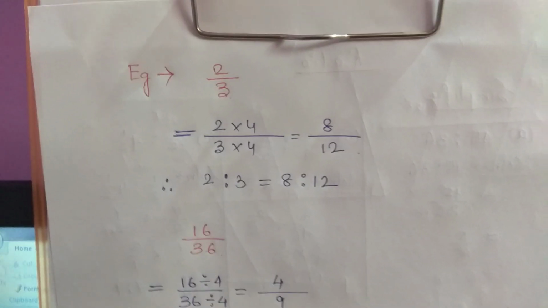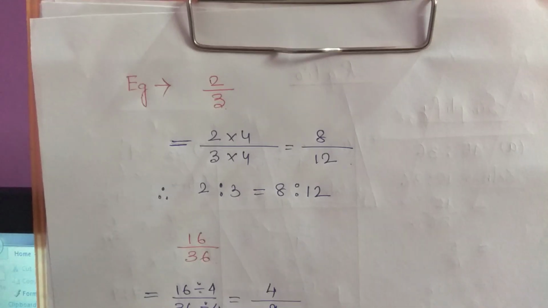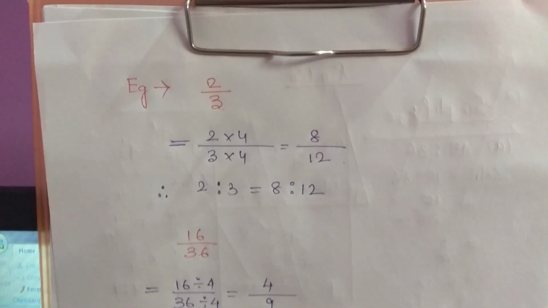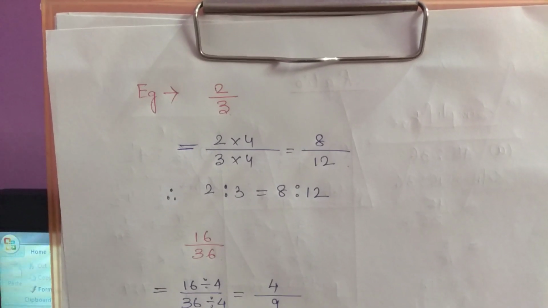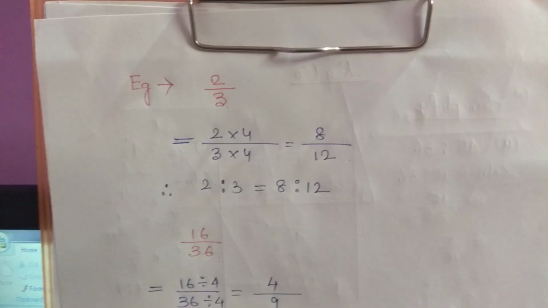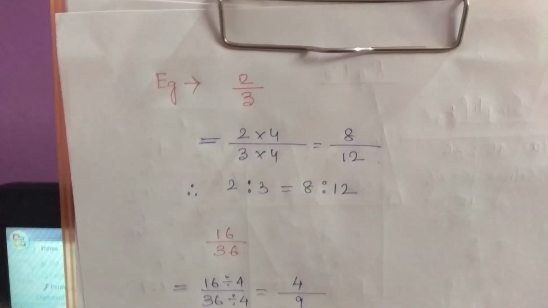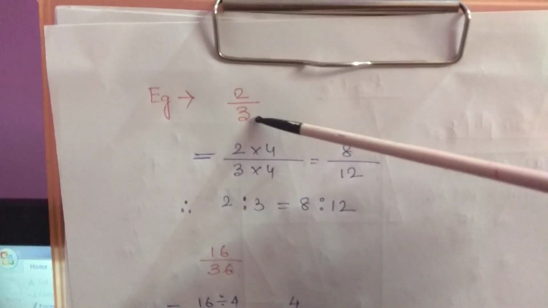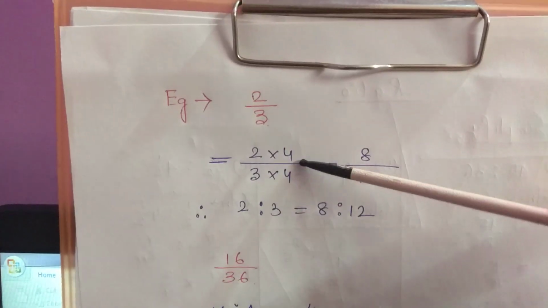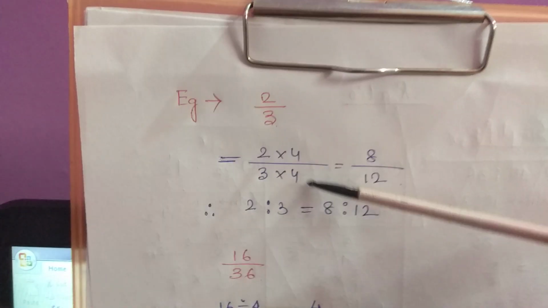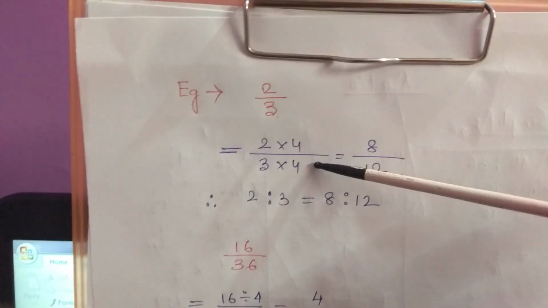So let's see here. In the fifth point, we have told that if the fraction is multiplied or divided by the same number, then the ratio will remain the same. So here you see 2 by 3 is a ratio. Here I have multiplied numerator and denominator by the same number, that is 4.